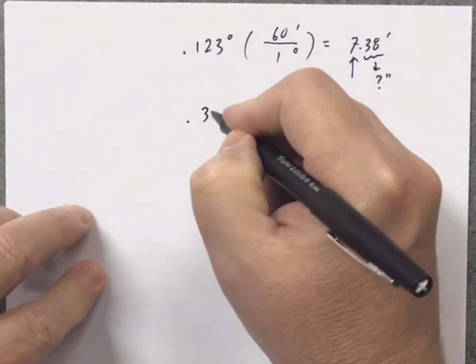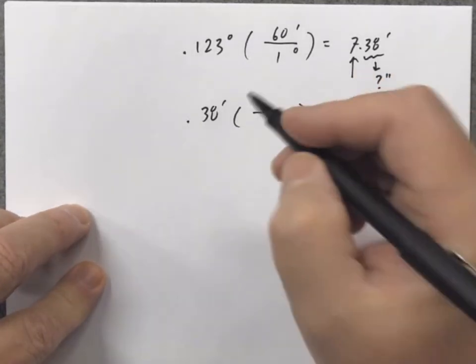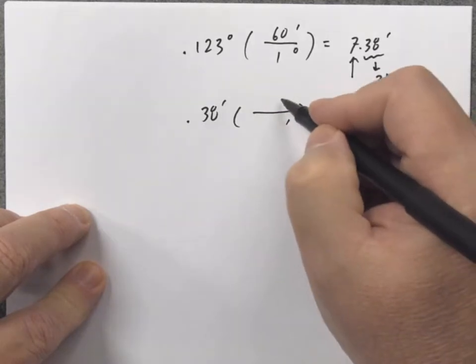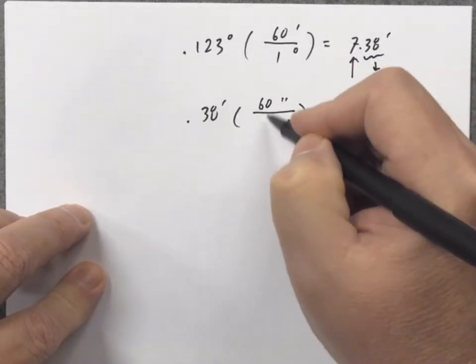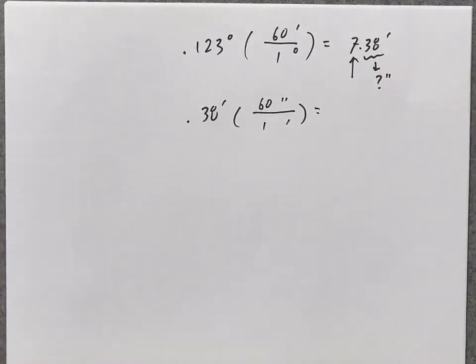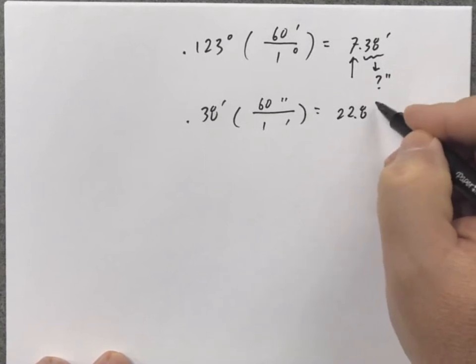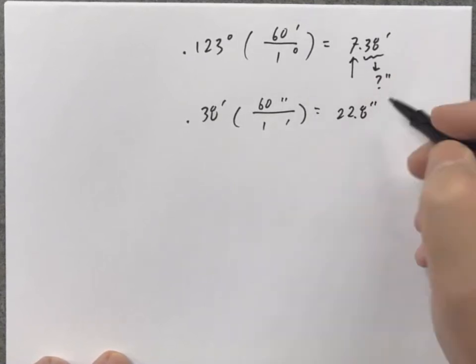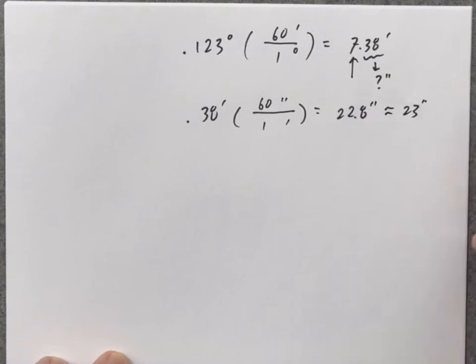So now 0.38 minutes. I want to convert it to seconds. Minutes on the top, minutes on the bottom, seconds on the top. What's the relationship? 60 seconds and 1 minute. So you take 0.38 times 60, 22.8 seconds, which we're going to round off to 23 seconds.